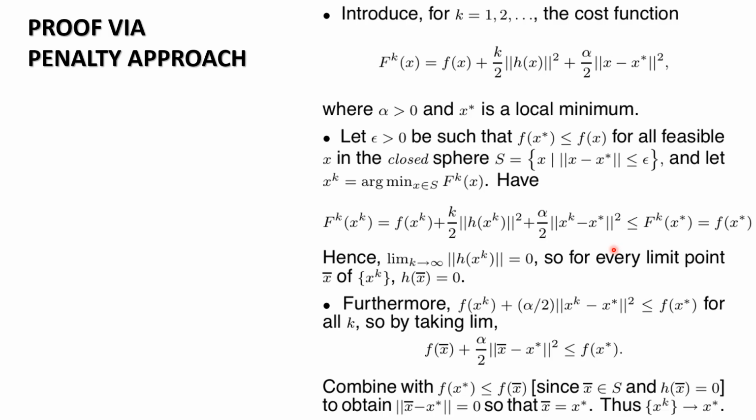As k tends to infinity, for the left hand side not to diverge, we must have this limit equal to 0 for any limit point x prime of x_k.